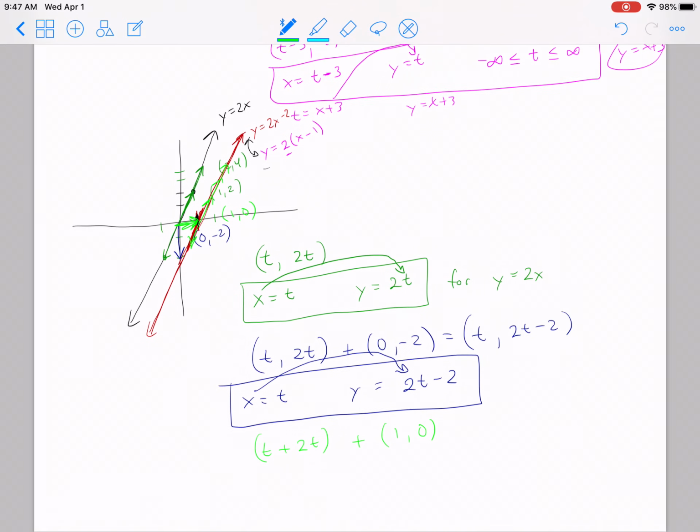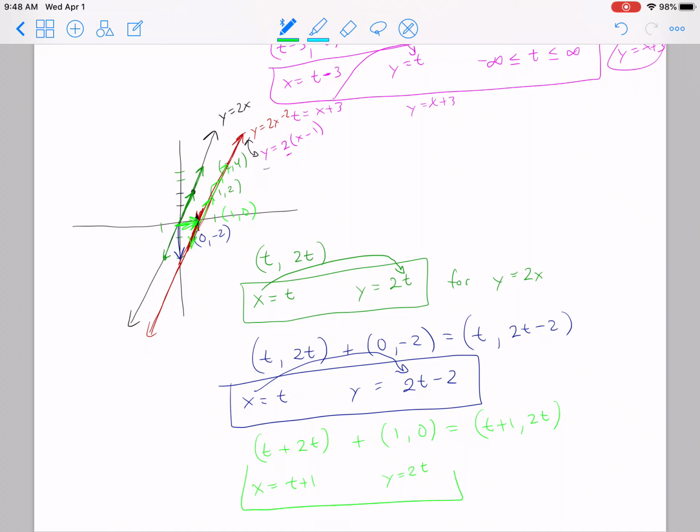If I do it that way, I end up with t plus 1 and then 2t. And that's my coordinate. So x is going to equal t plus 1, and y is going to equal 2t.